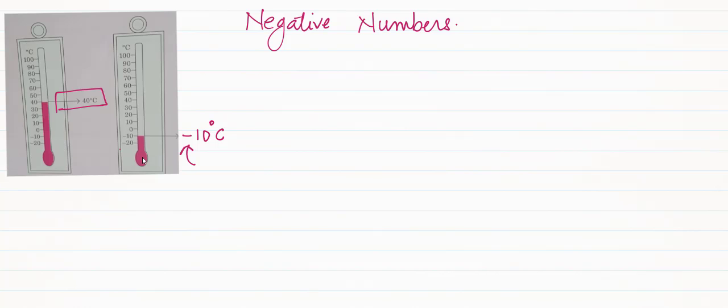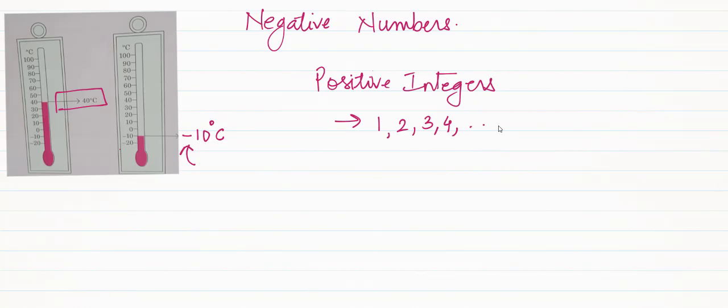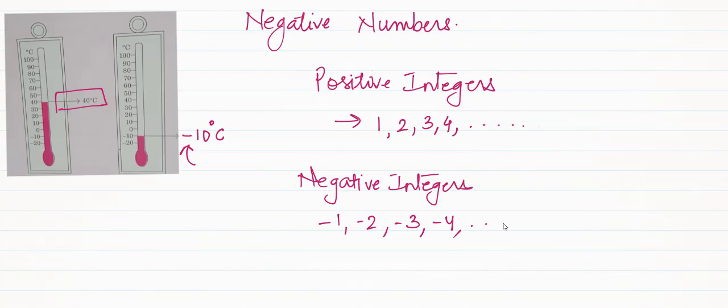The integers are divided into two parts. One is the positive integers, which consist of 1, 2, 3, 4 and so on. And the negative integers, which are minus 1, minus 2, minus 3, minus 4 and so on.